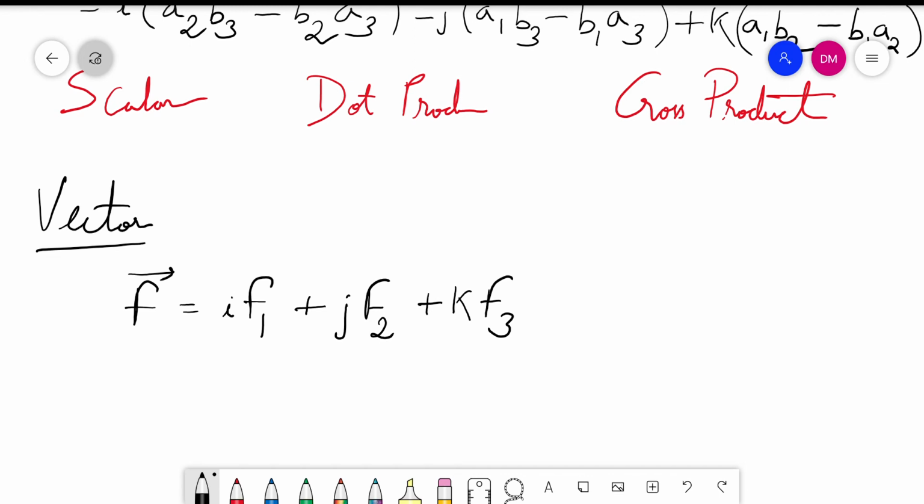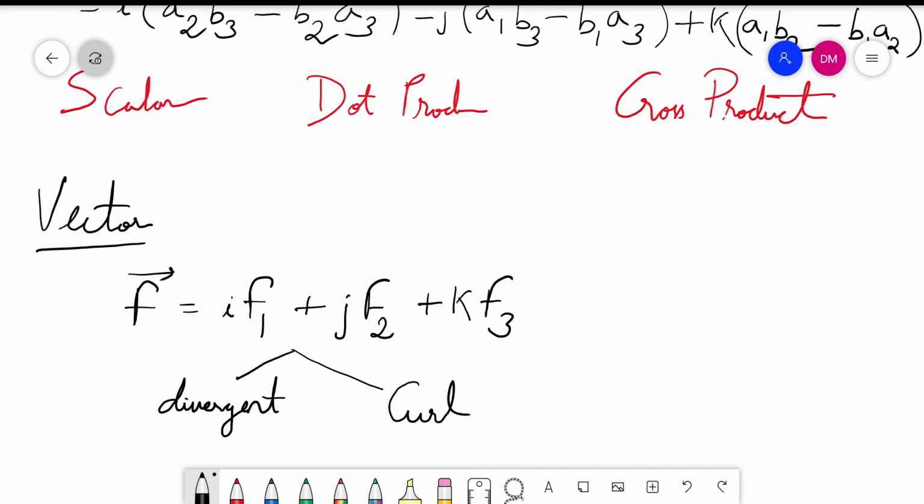Now, deriving from the vector part, we must come to the divergence and curl part. Here, from this equation, we can talk about divergence and curl.